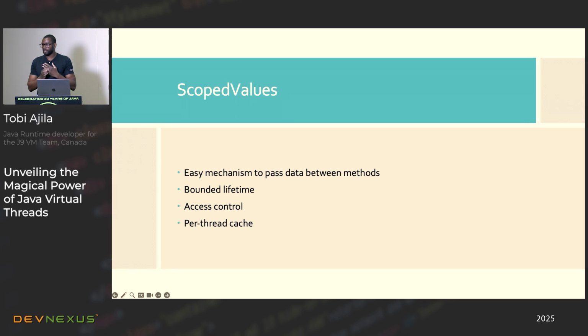It has a bounded lifetime, so unlike thread locals where you have to explicitly free that memory, these have a bounded lifetime built into the way you use them. You can use existing access control mechanisms to control who has access to this data, so it's not a free-for-all where anyone can access it. And there is a per-thread cache state that makes it fast to look up.